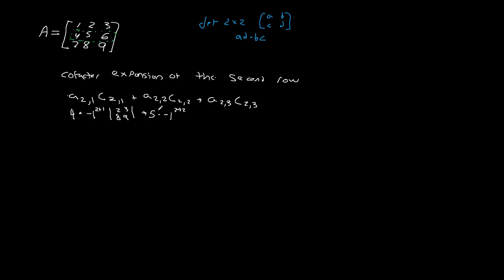Again, I'm just following that equation for the cofactor value and sticking it into the cofactor expansion equation. So negative 1 to the 2 plus 2, times, again, the determinant. And this time we're ignoring this row and this column, so we're going to have 1, 3, 7, 9.